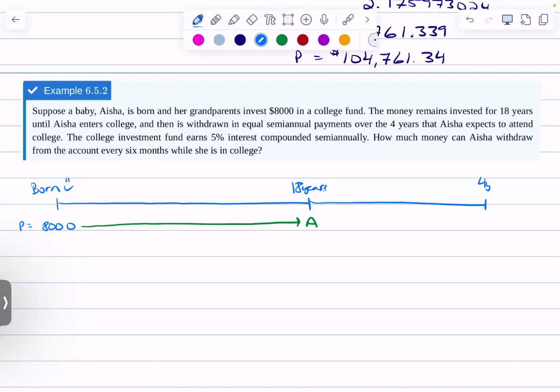In fact, that's kind of how my mind works, because then we can just zero out time here. Technically, it's 18 plus 4 years later, which is what, 22? Let me confirm. So 22 years, right? But 4 years of payments.